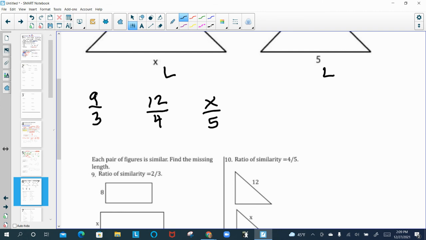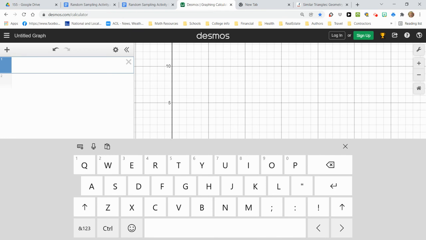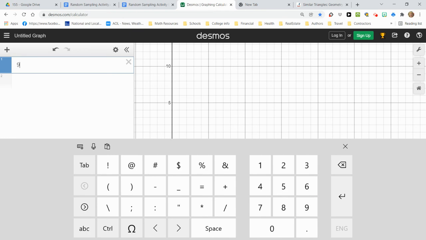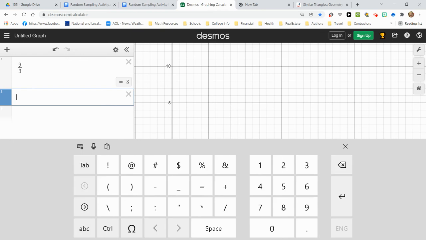So if you look at the 9 to 3, and you look at the 12 to 4, and you pull up Desmos, 9 to 3 and 12 to 4, you see that the ratio is 3. Can you all see that 3 there?